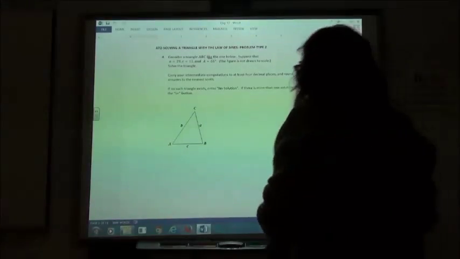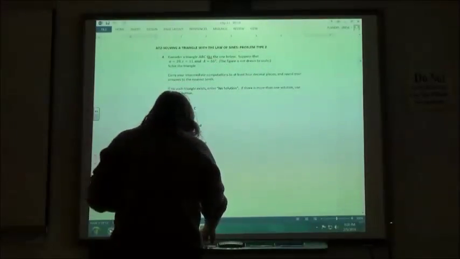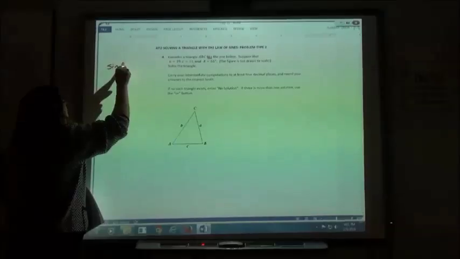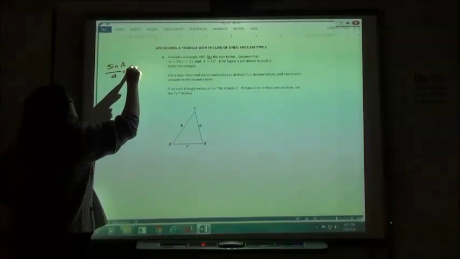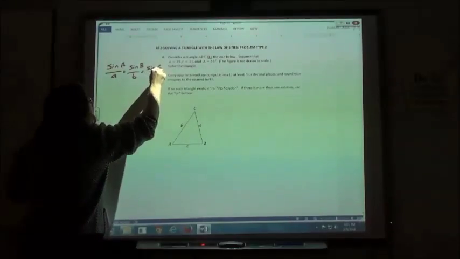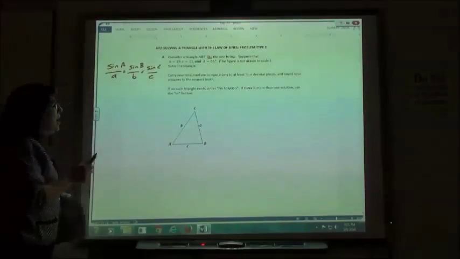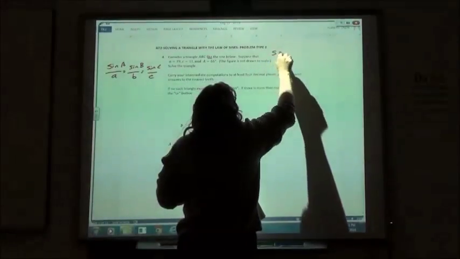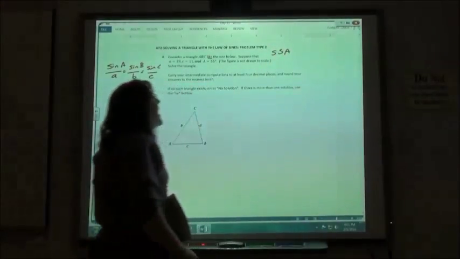Number 4, we're solving a triangle using that law of sines that we had before that said sine of A over A equals sine of angle B over B equals sine of angle C over C. However, in this case, we are going to have ones where we have two sides and an angle, side-side-angle.